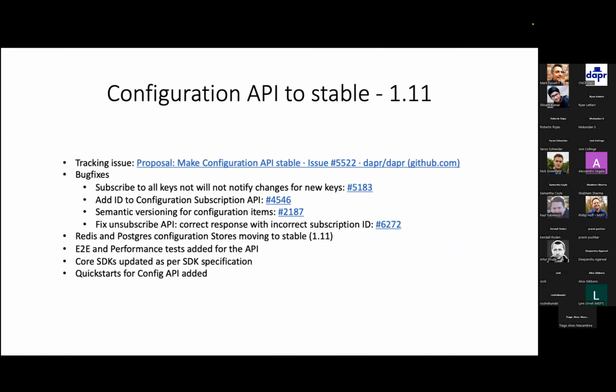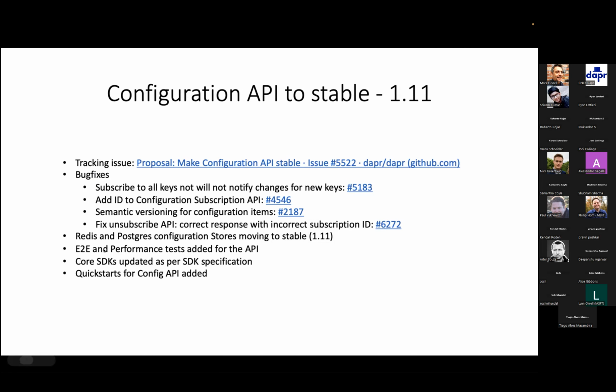Now, specifically in the context of the configuration API, this is the tracking issue 5522 in Dapr runtime, which tracks all the items that were required as a part of moving the API from alpha to stable. And this slide is just a brief of what exactly we have done as a part of it.